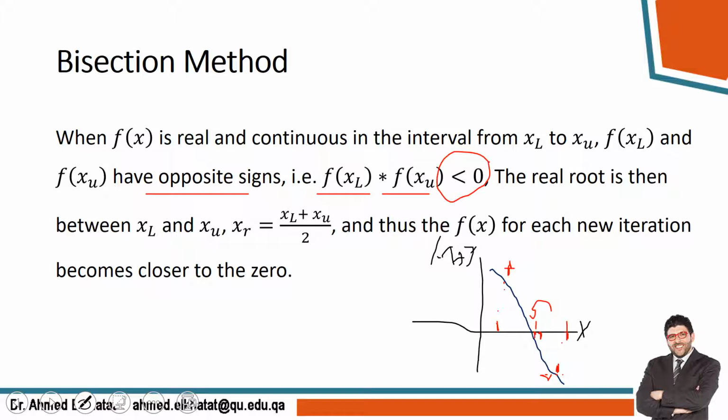Then check the new x, or we can say xr, and see whether the result is positive or negative. If it's positive, I can't take this one, so xr becomes the new x upper, and x lower stays as it is, and calculate new xr.